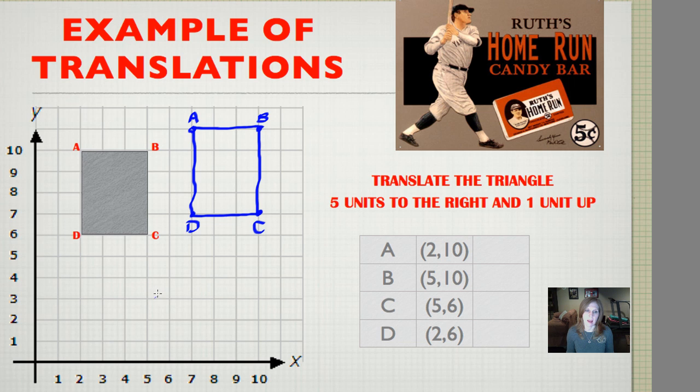So here's point A. I would have to go across, follow my X-axis across 7 and up 11. So 7, 11 are my new coordinates for point A. Point B is 10 across. See, I start at my point of origin, 10 across and 11 up.